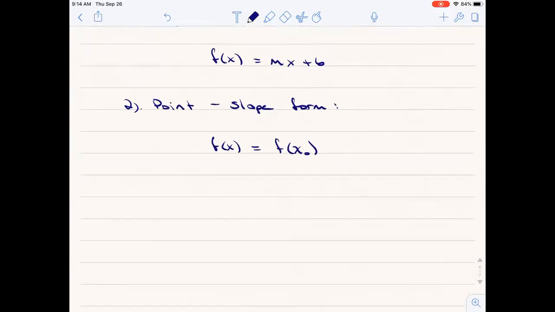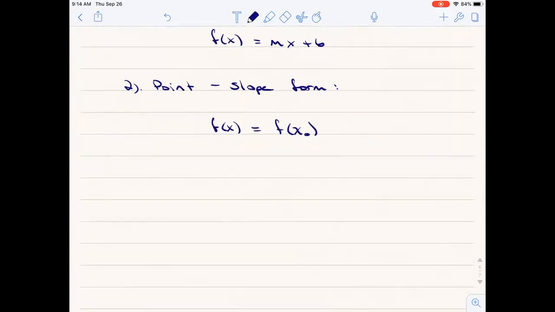It's possible that Allison and Frank might say x null, but it's a 0. Plus m, which is the slope still, times x minus that x naught.